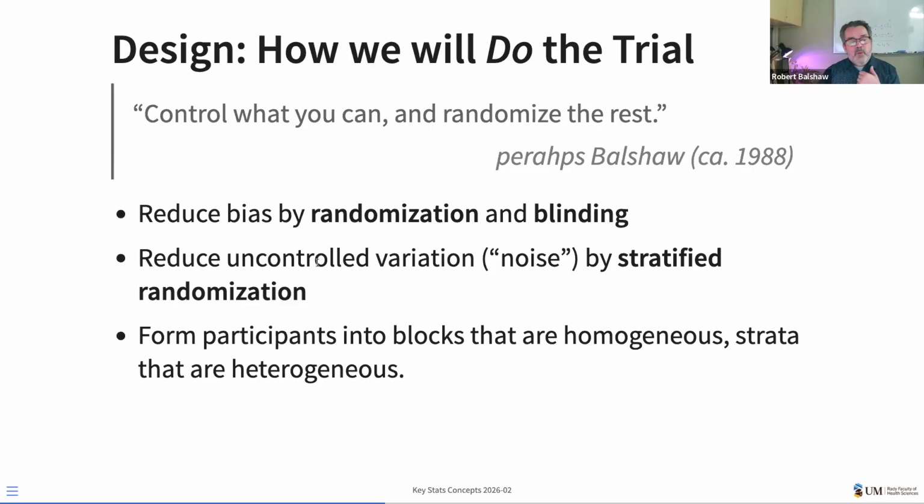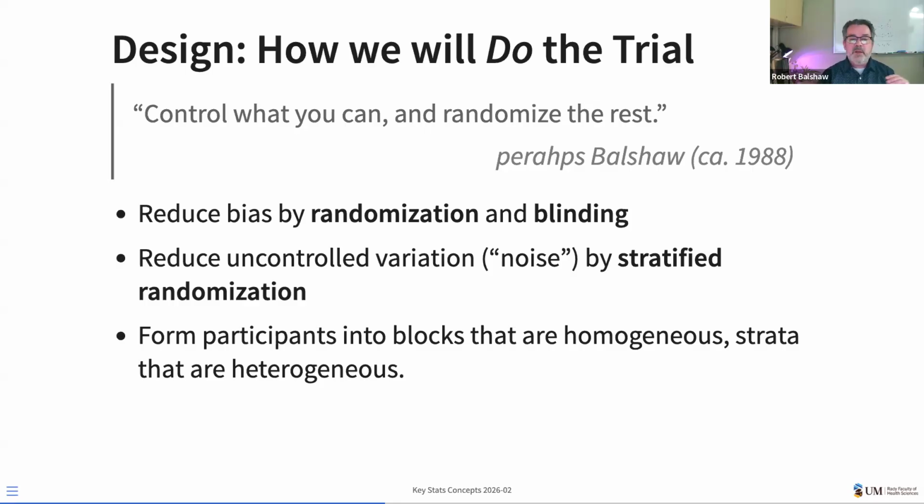And one of the confusions that can come up when you're talking about statistical design is that we'll use terms like stratification and blocking. Statisticians are comfortable with those when we've learned about them in the context of randomized experiments in general, but they can get a little conflated when we're talking about the design of a study. So stratification is the idea of forming participants into sets, into distinct groups, which are different.